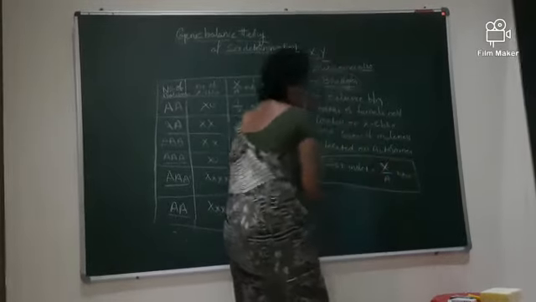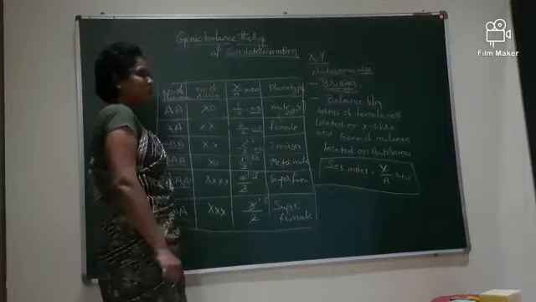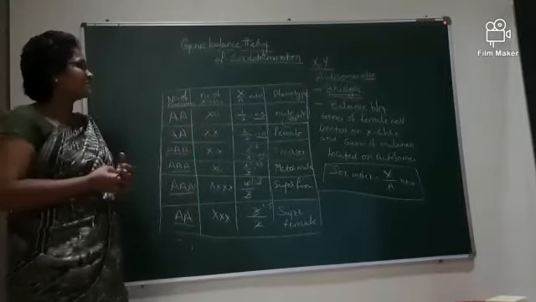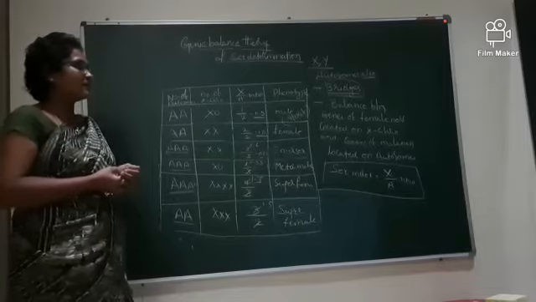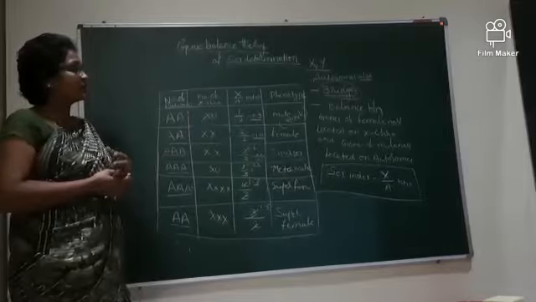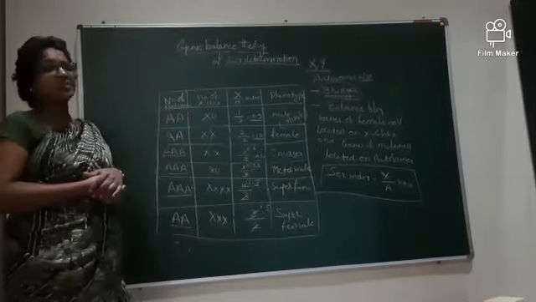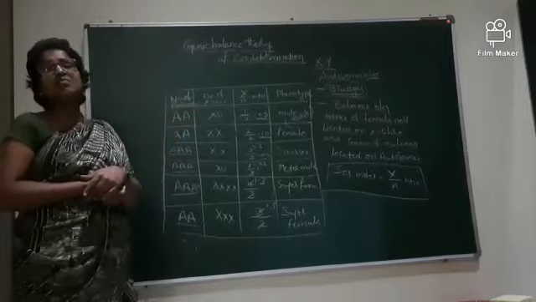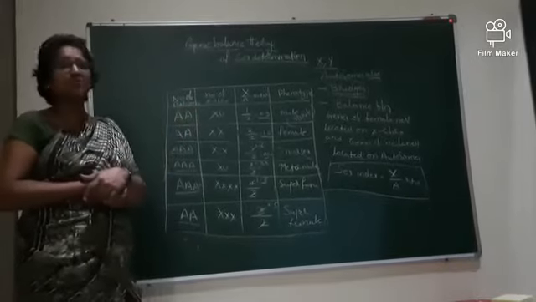Sex index is equal to the X by A ratio. And how does it happen? How do autosomes play an important role instead of the Y chromosome, and how has he proved it by taking different examples? I will give the examples to you here.